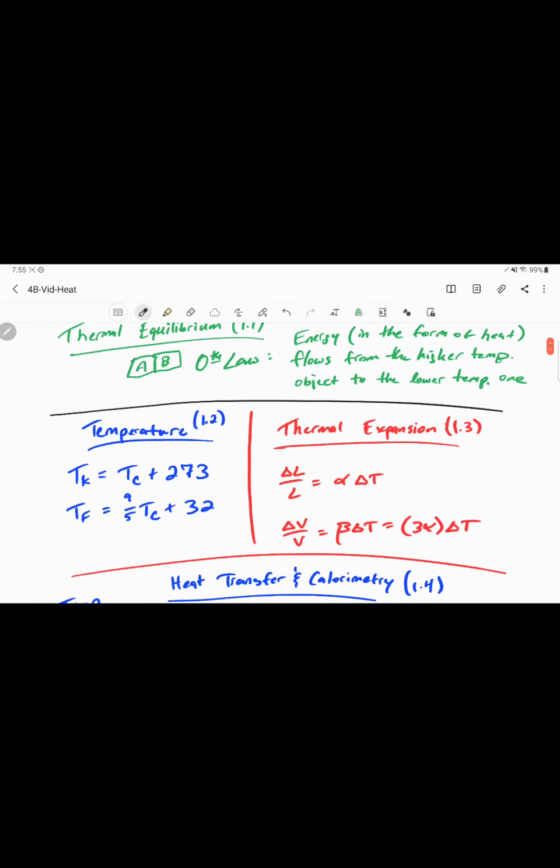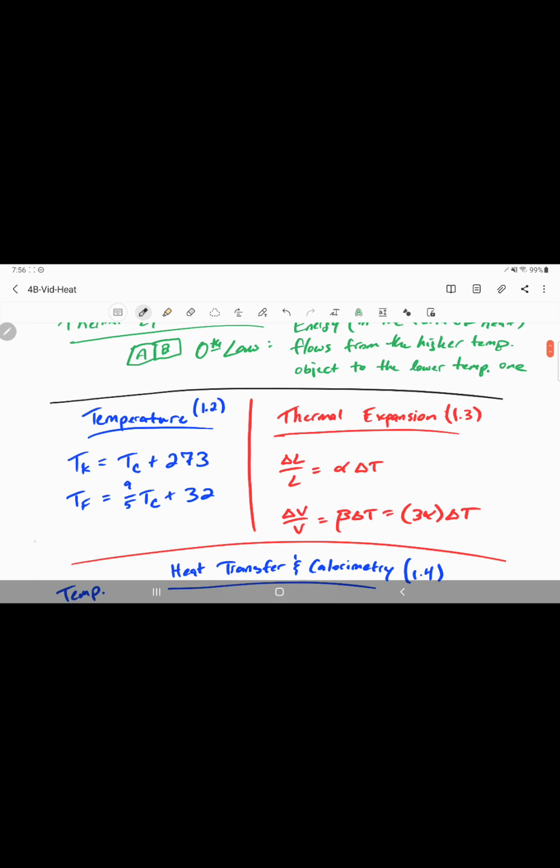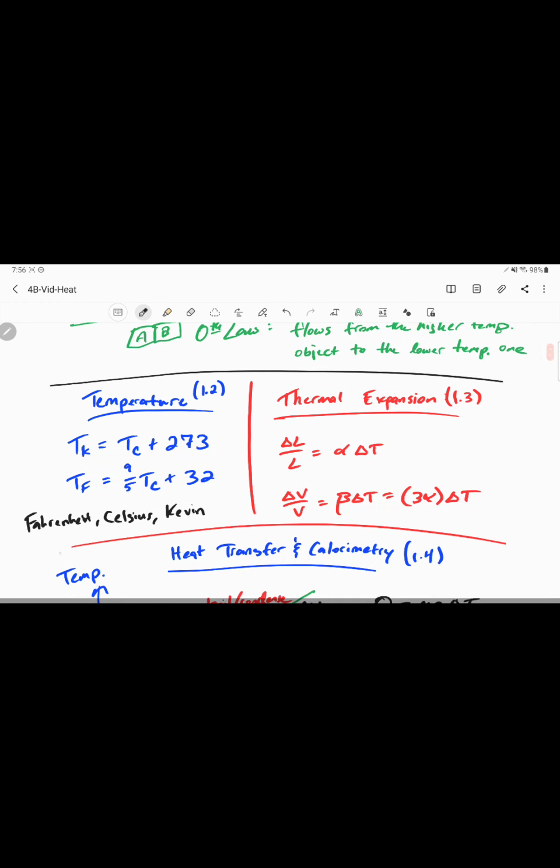First, the book appeals to you already knowing something about temperature, as most books do. There are three different temperature scales here: Fahrenheit, Celsius, and maybe a new one for some people, Kelvin. So there's an F here, a C, and a K.